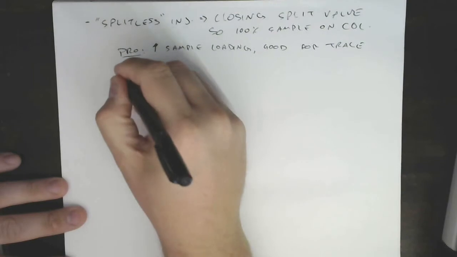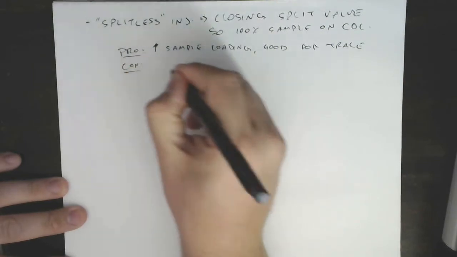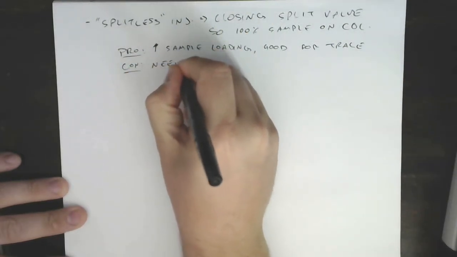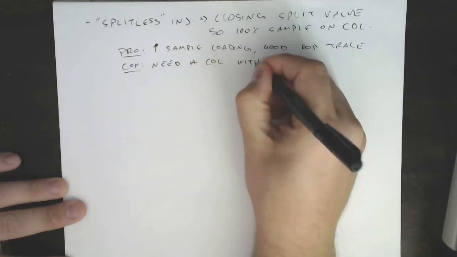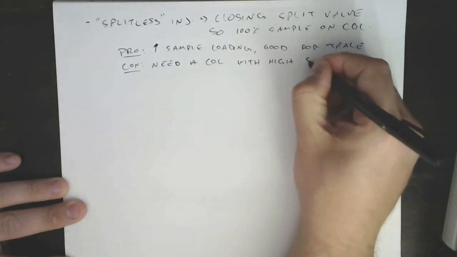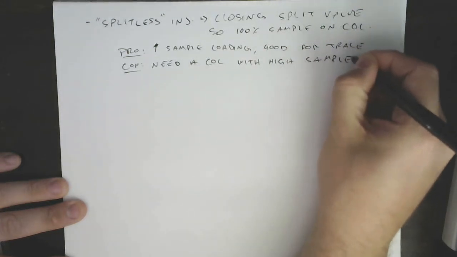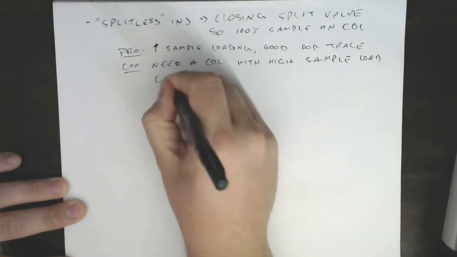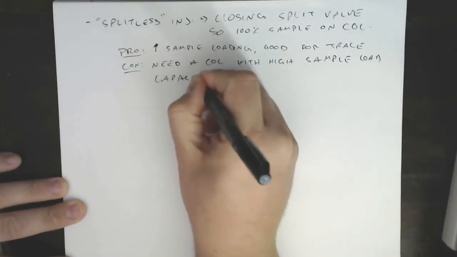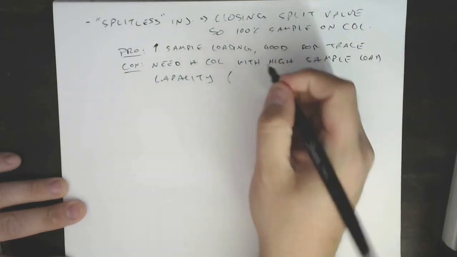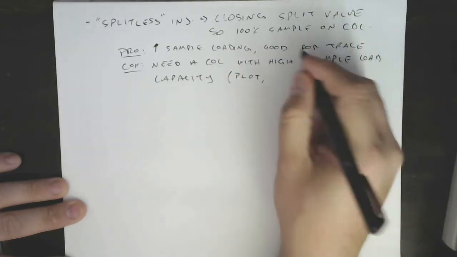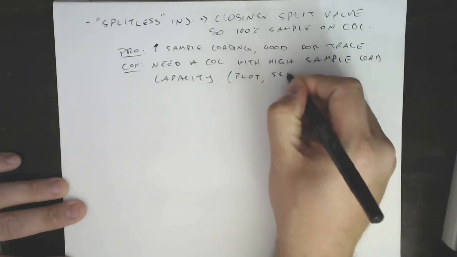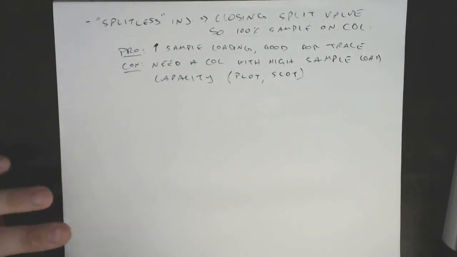The downside, if you want to call it that, is that you need to do this on a column with a high sample loading capacity. So these were things like our porous layer open tubular columns or our support coated open tubular columns, things that maximize the volume of stationary phase.